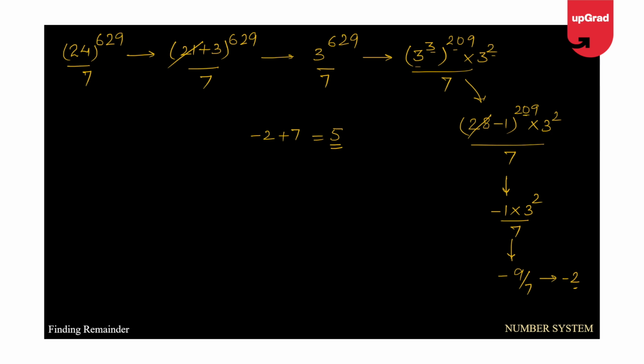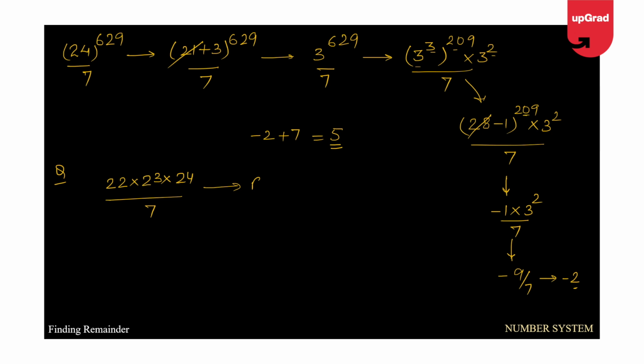Now, before I end this video, I'll give you one more category of question, which is sometimes asked in some of the relatively easier examinations. For example, if I give you 22 multiplied by 23 multiplied by 24 and divided by 7, and we have to find out the remainder again.